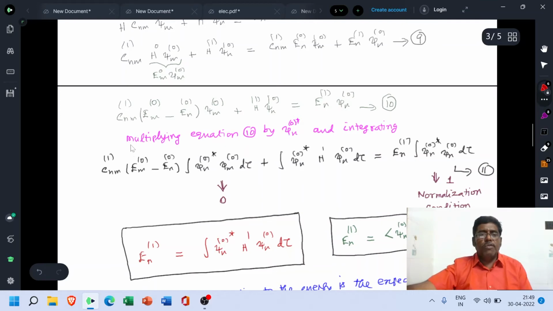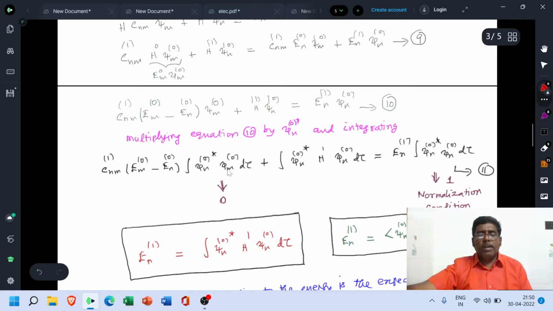So Cnm1 (Em0 minus En0) integral of psi n0 star psi m0 d tau plus integral of psi n0 star H1 psi n0 d tau, which is equal to, take this En1 outside because it is an energy term, then integral of psi n0 star psi n0 d tau.